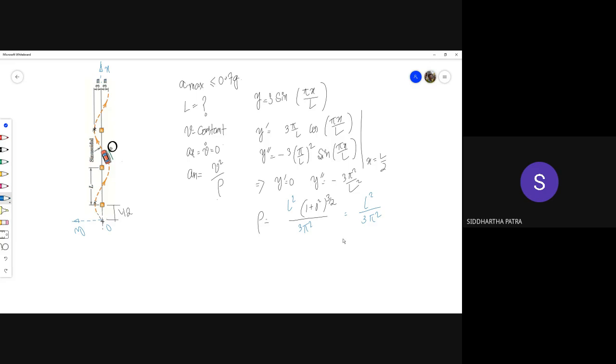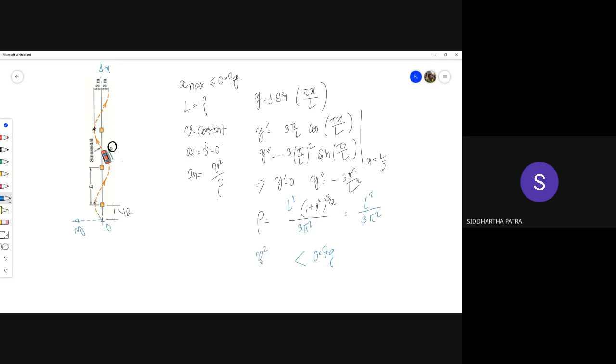Therefore, for this lowest radius of curvature, I should be considering the maximum possible an. So the maximum possible an should be less than 0.7 g. So what is that maximum possible an?